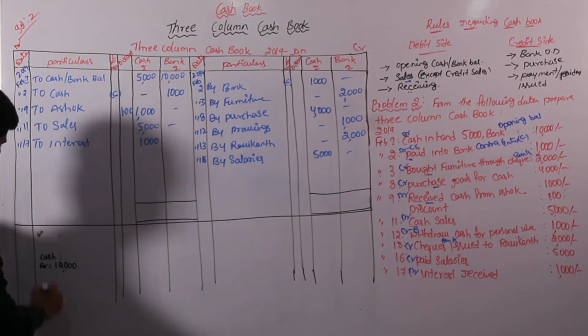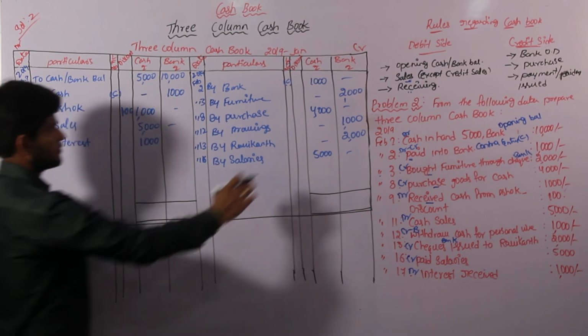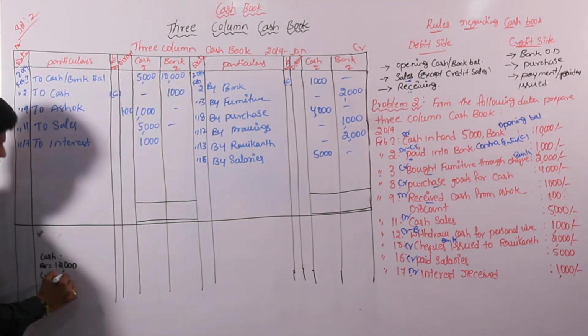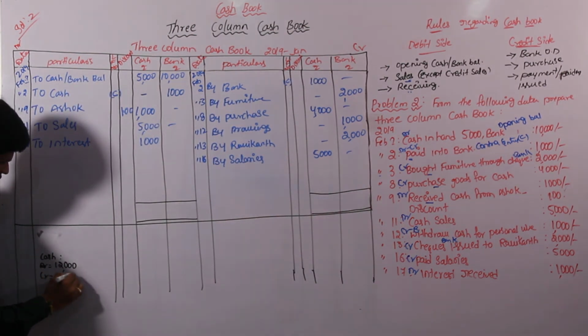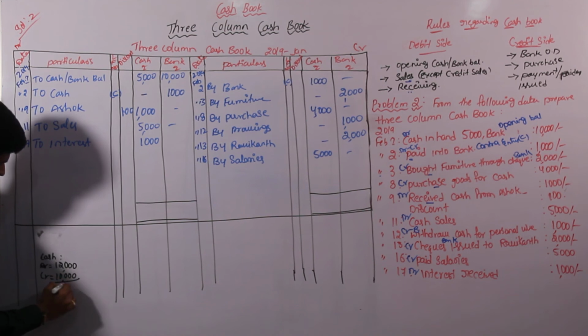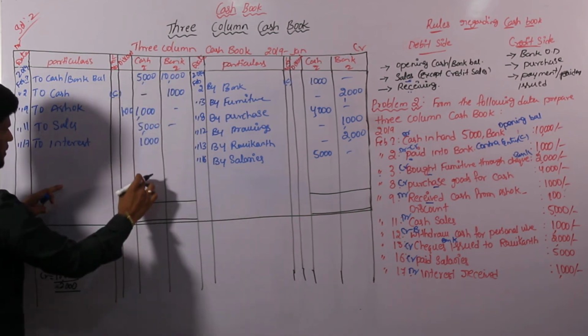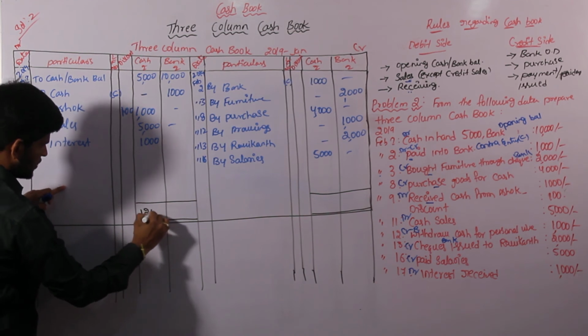And come to the cash values in the credit side. 1000 plus 4, 5000, 5000 plus 5000, 10,000. So we have to enter these values. The excess value is on the debit side, cash is 12,000.